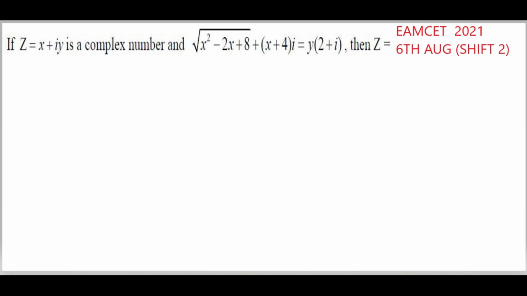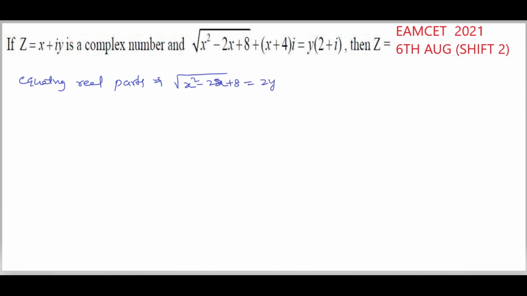If z is equal to x plus iy is a complex number and under root of x square minus 2x plus 8 plus x plus 4 into i is equal to y into 2 plus i, then find z. Equating real parts, that is under root of x square minus 2x plus 8 is equal to 2y.